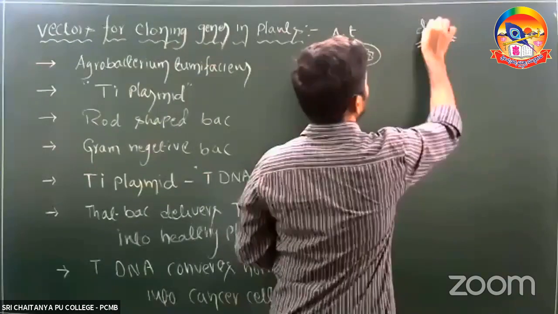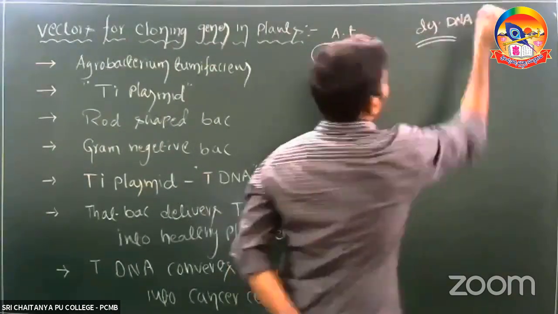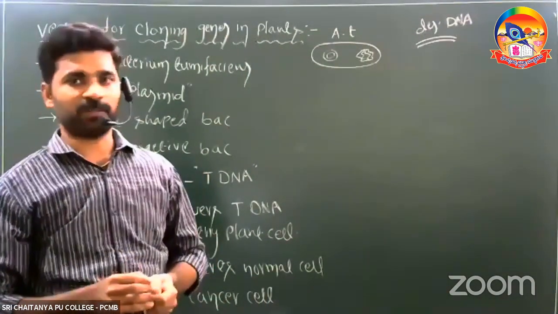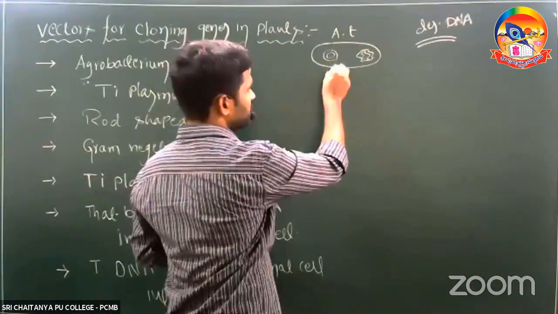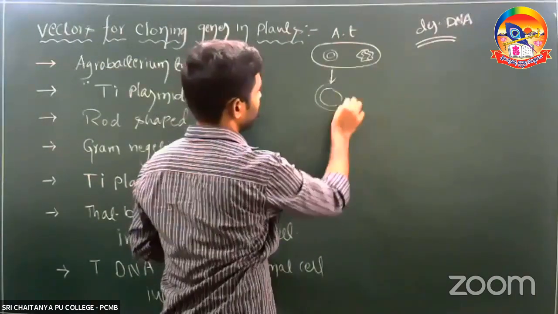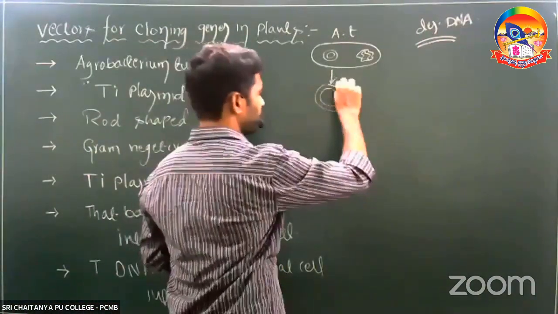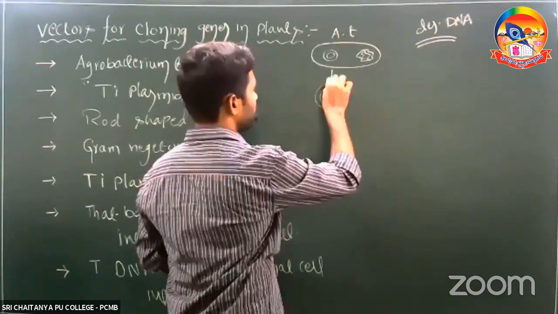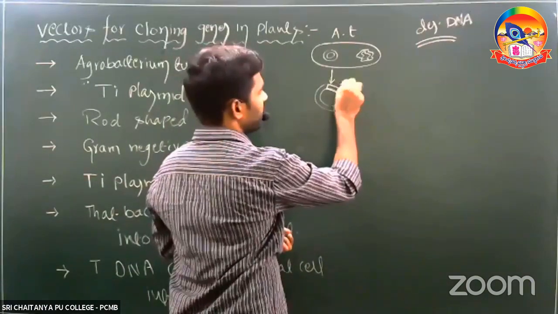Imagine it is a desirable gene or desirable DNA segment that we need to insert into the plant cell cytoplasm. In the first step, we need to isolate the plasmid from Agrobacterium tumefaciens. In this, this segment from here to here is considered as tDNA.